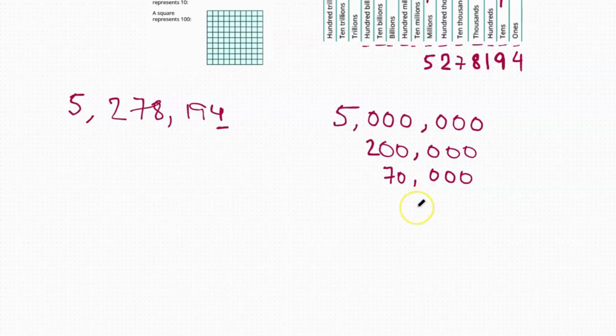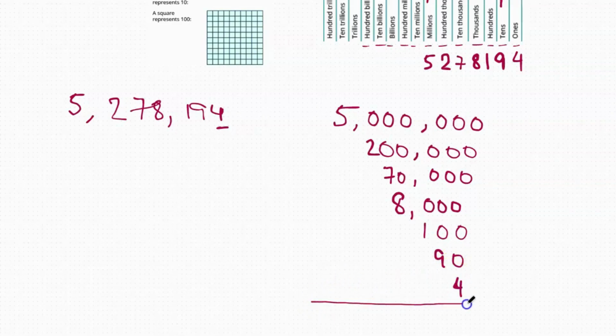The digit 8 is in the thousands place, its value is 8,000. The digit 1 is in the hundreds place, so its value is 100. The digit 9 is in the tens place, its value is 90. And the digit 4 is in the ones place, its value is 4.